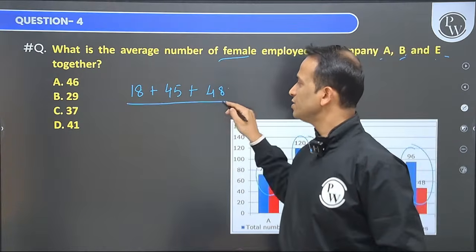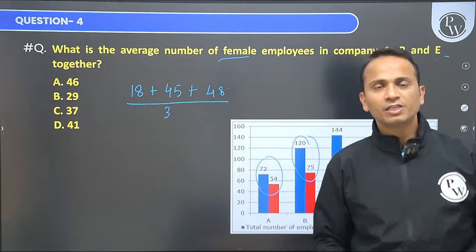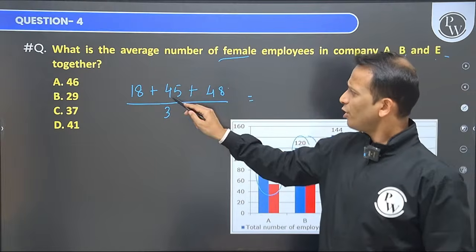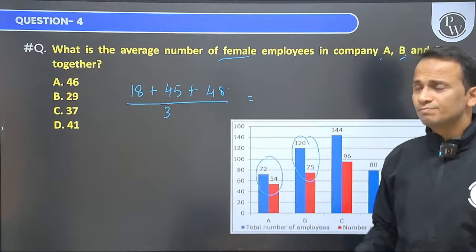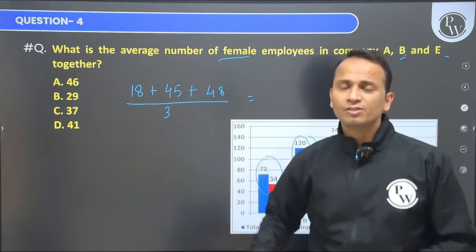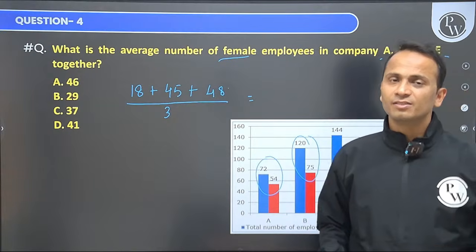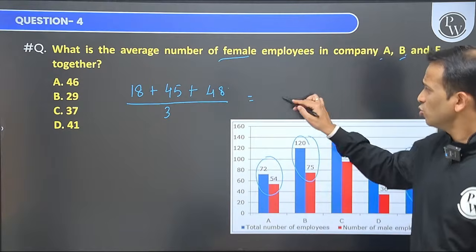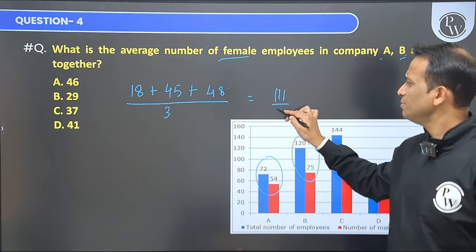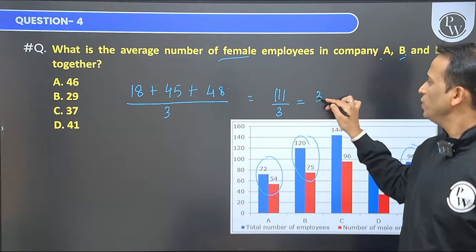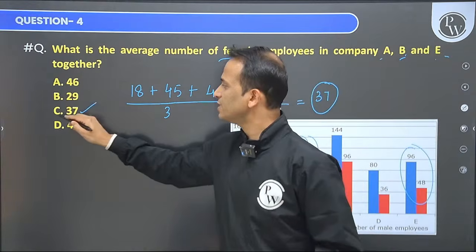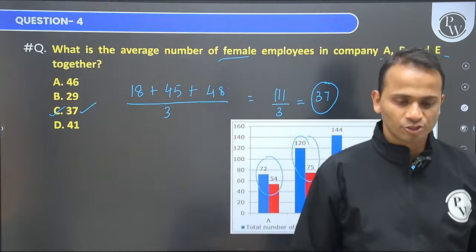Now average of these 3 numbers will be sum of these 3 numbers divided by 3. Now adding these numbers, 45 and 48, 93 and 18 comes out to be, yes, 111. So 111 is the sum when divided by 3 will give me 37. So yes, option C, 37 is the correct answer of this question.